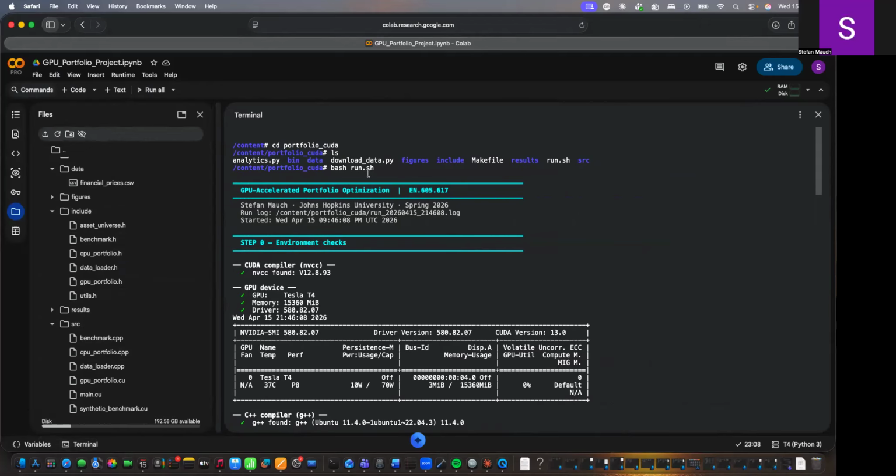But yeah, it's fully operational and automated. So you can run it in your terminal, in Colab, or wherever you can run the bash script.